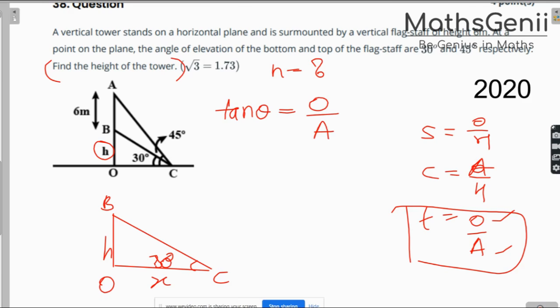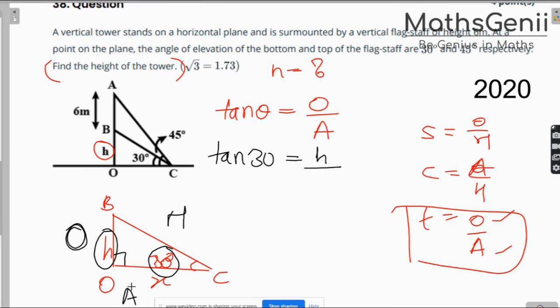What is the tan theta formula? O upon A. So before that, we have to find what is O, what is A. Whatever is opposite to theta, what is your theta in this? 30. So whatever is opposite to 30 is your O. Whatever is opposite to 90 degrees is your H. And whatever is remaining is your A. So what is your O?